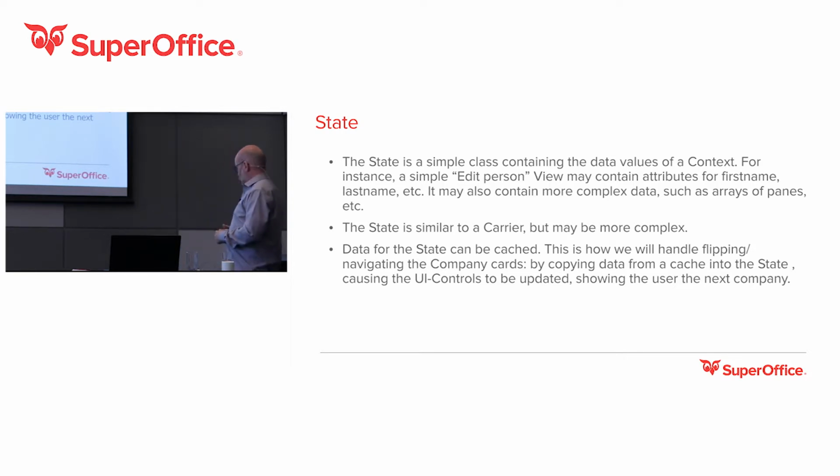The data lives in what we call a state. It's just a simple class that stores the data. It typically stores, in Sales, the carrier: we retrieve the carrier from the .NET server and we put it in the state, and then the components bind against that. But we can have several carriers.